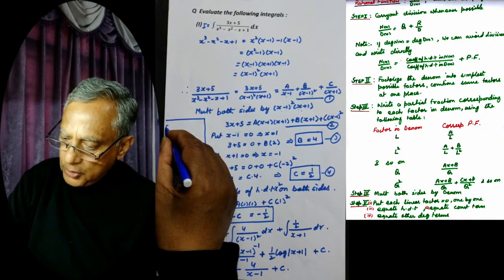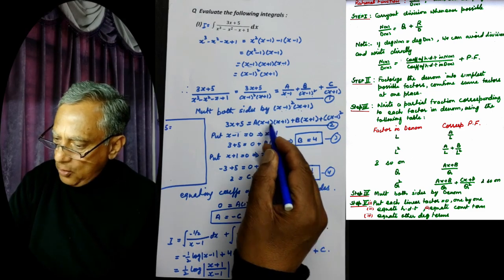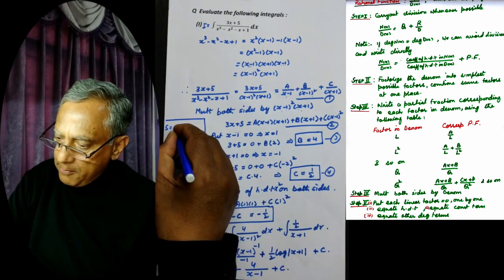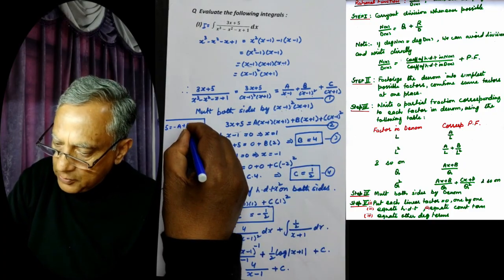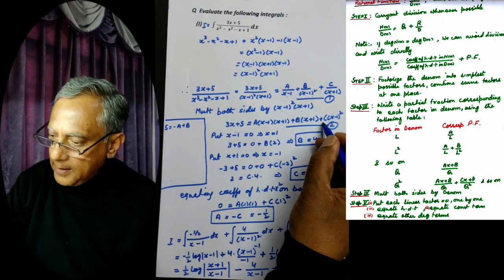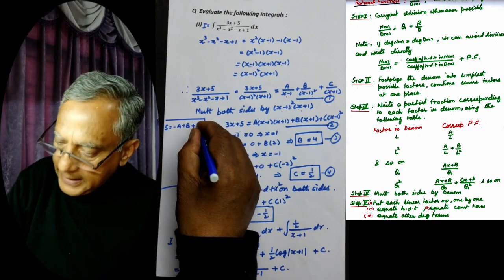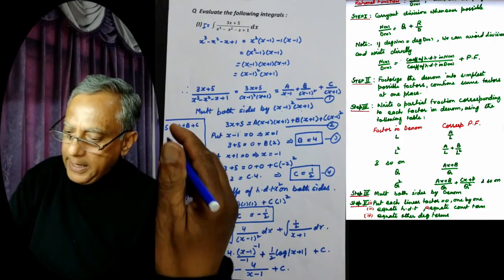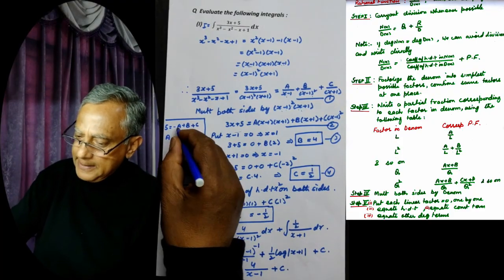X equal to 0. So this will be 5 is equal to, x is 0, so this will be minus a, minus a, x is 0, this will be p, x is 0, this will be c into minus 1 whole square, that is c. From here also we will get a, and the value of a will be the same as this.